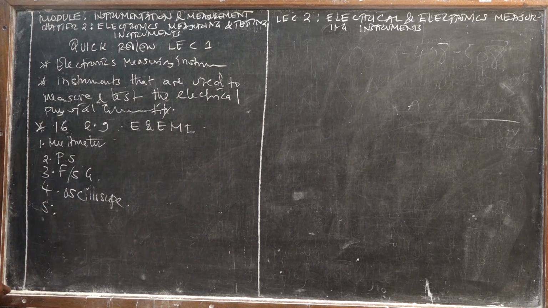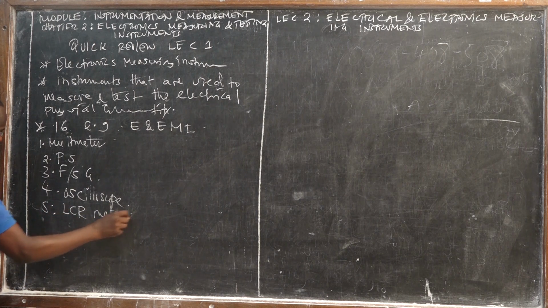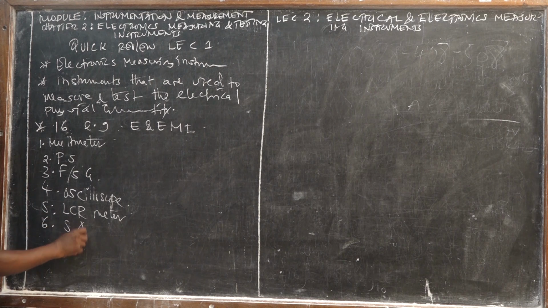Number 5 is the LCR meter. Number 6 is the spectrum analyzer. Number 7 is the signal analyzer. Number 8 is the frequency counter.